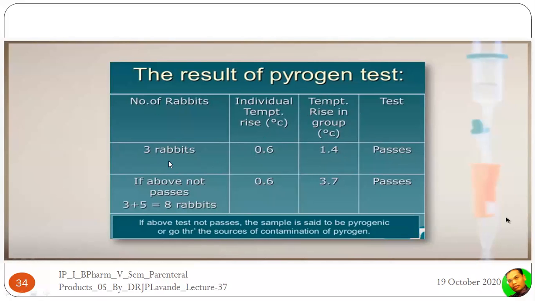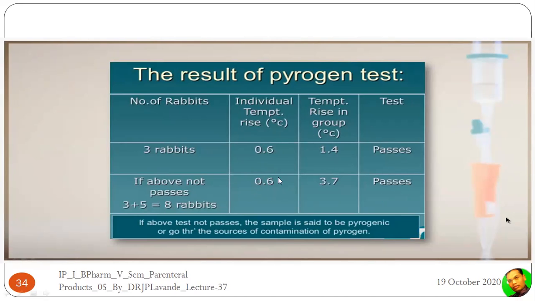And if the first test fails, that is, if the individual rise is more than 0.6 and the sum response is more than 1.4 degrees Celsius, then we need to take an additional 5 rabbits. So 3 plus 5, now the test is performed on 8 rabbits. If in all these 8 rabbits the individual temperature rise is not more than 0.6 degrees Celsius, we can say it passes the test.